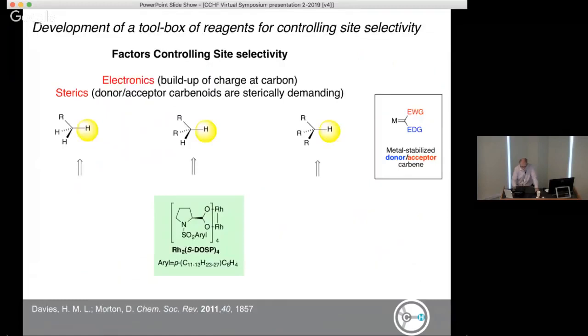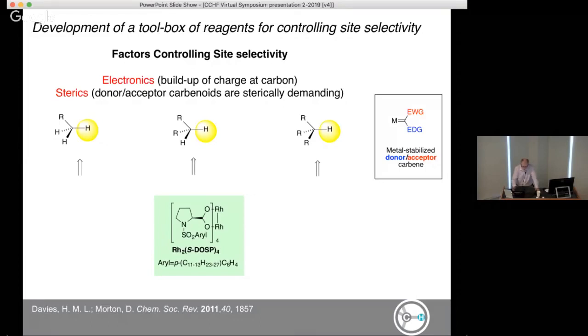So for example, where we're going is that rhodium DOSP itself, in all those 40 to 50 papers we published, we showed that when you're using a donor acceptor carbene, you can get pretty nice reactions at activated secondary CH bonds. So allylic, benzylic, alpha oxygen, and nitrogen, as I said earlier.